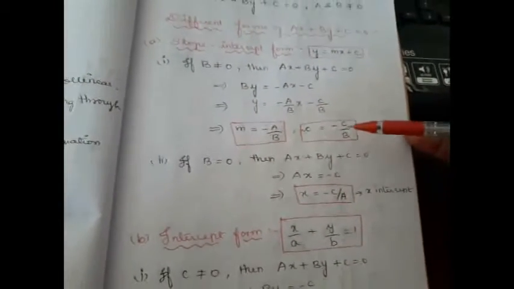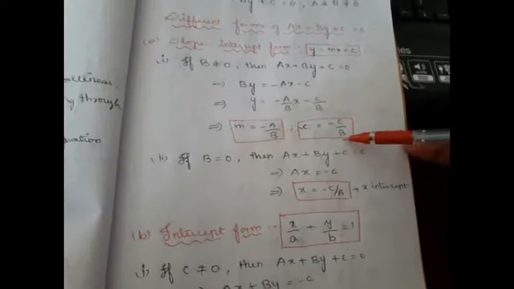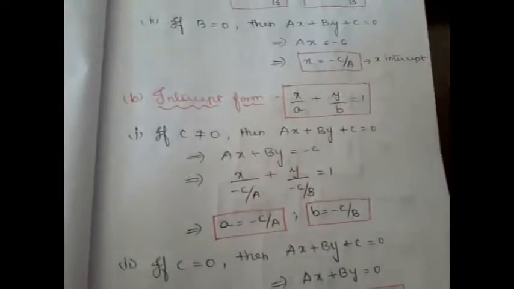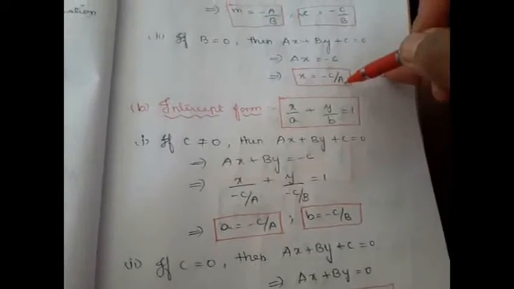So far we have seen two forms. From the slope-intercept form, we found the slope is minus a by b and y-intercept is minus c by b, and x-intercept is minus c by a if b is not equal to 0. Right? Through intercept form, we found the two intercepts. X-intercept is minus c by a, and here also we got the same thing. Right?